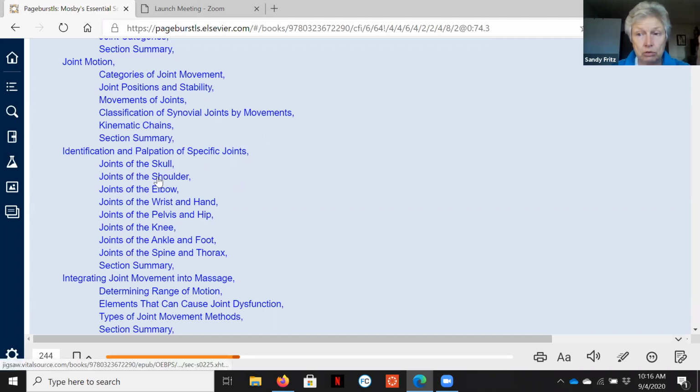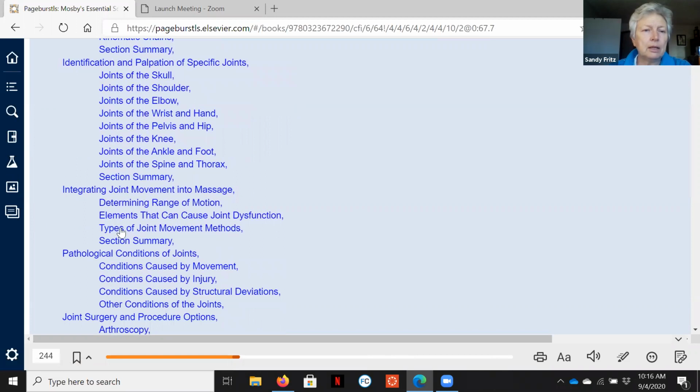You need to do that. And this is again where the read-to feature helps, where you read a section and then you palpate it, and then you move it.